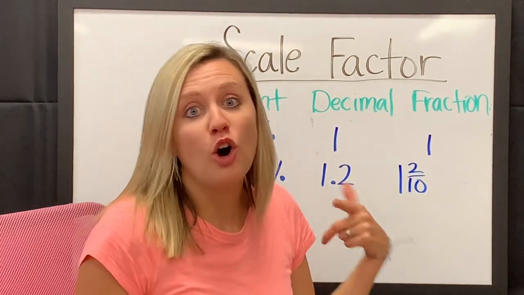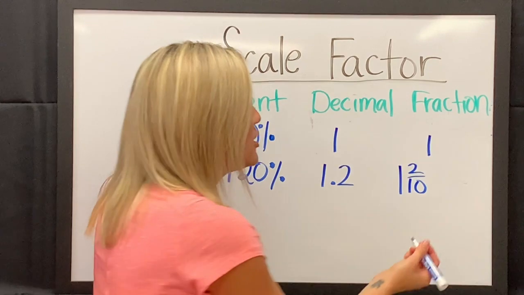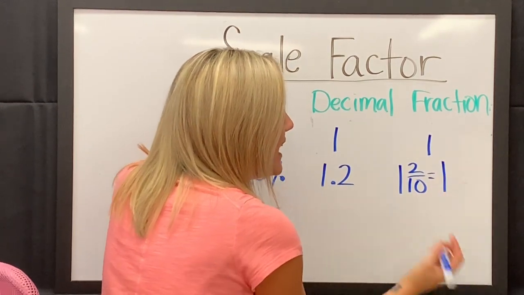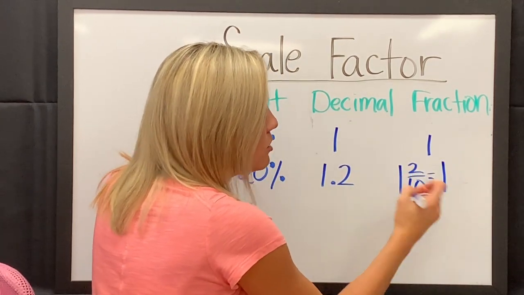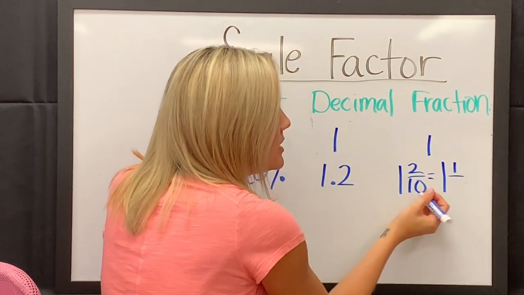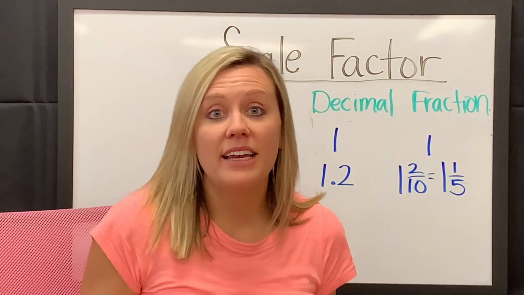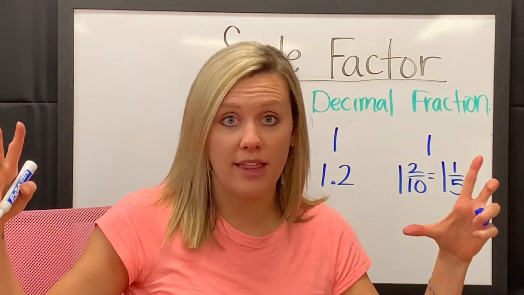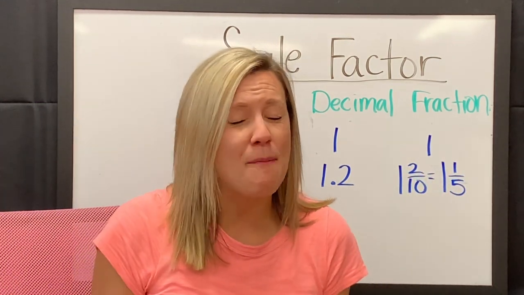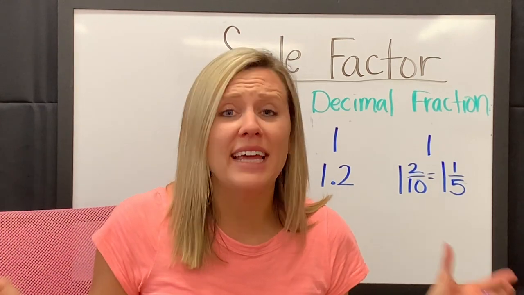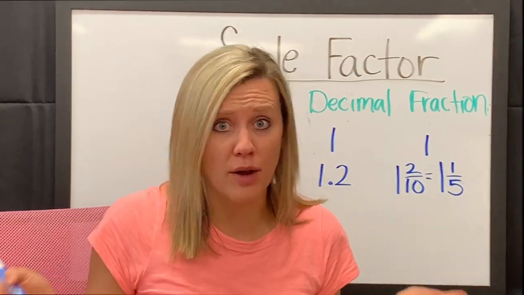And then I just always want to reduce my fractions. So I could write 1, and 2 goes into both of these. 2 goes into 2 once. 2 goes into 10 5 times. So I would probably say I dilated my hand 1 1/5. And if you dilate by a number any bigger than 1, it is going to make it bigger, okay?